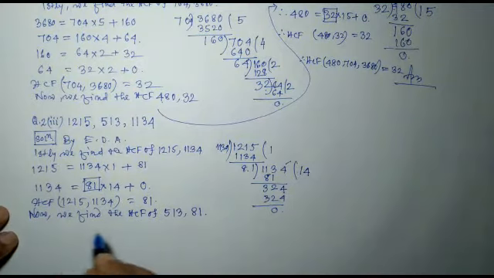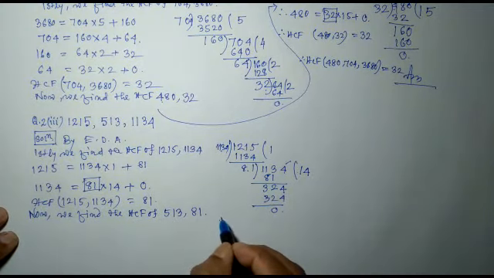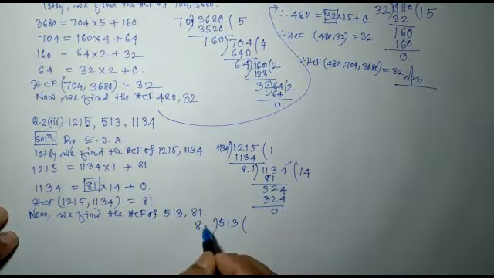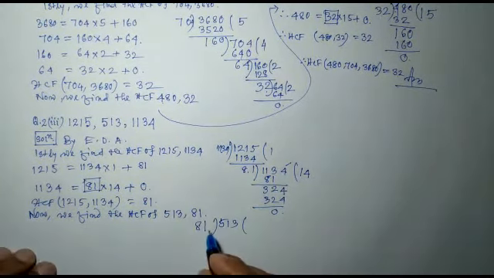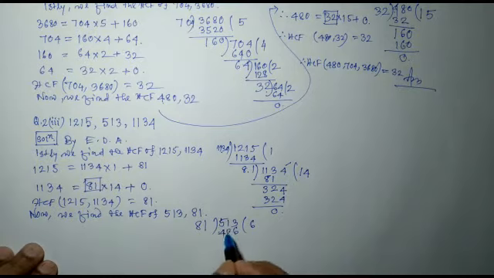So same way, this 513 is bigger than 81, so we will divide 513 by 81. See how many times will go. I think it is 6 times will go. 6 1 is 6 and 6 8 is 48. Subtracting, we get here 7 and then 2.